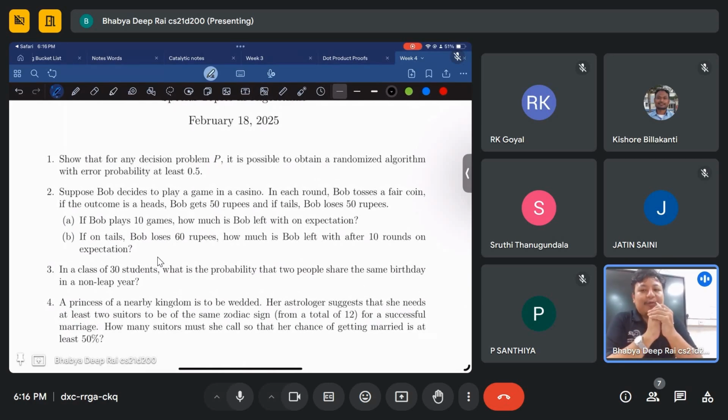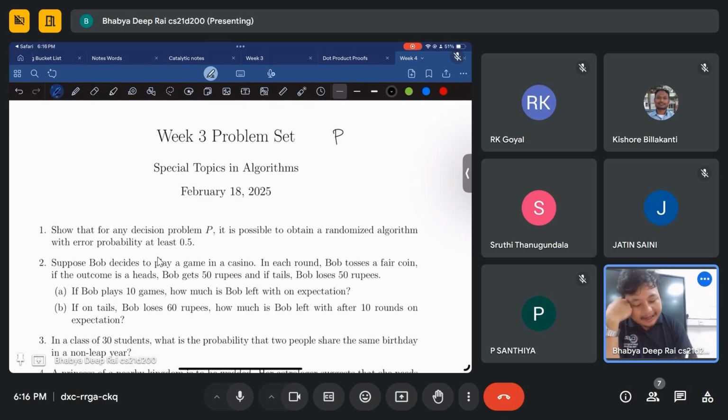I think you have noted that for the randomized algorithms that I create, suppose I have a problem P and I want to make a randomized algorithm for it.